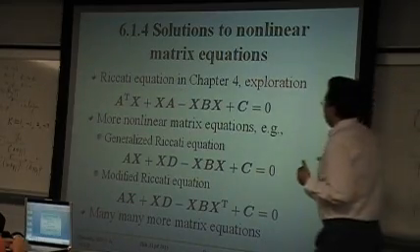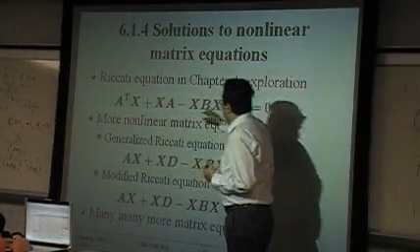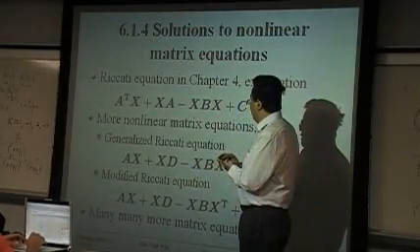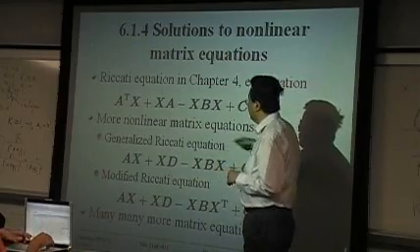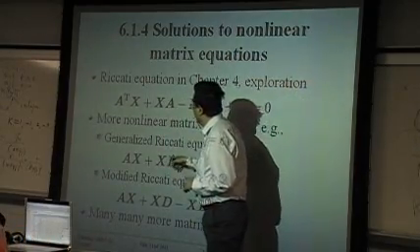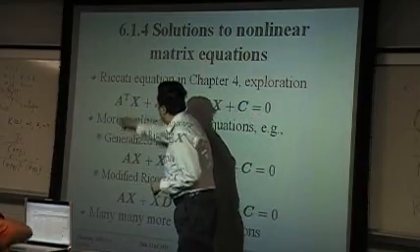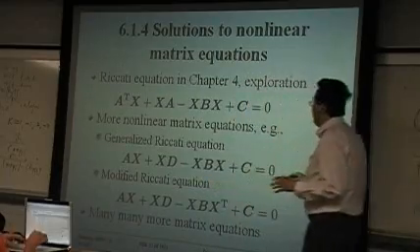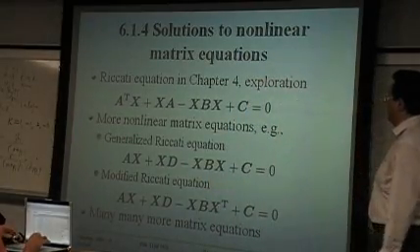And also, if we generalize the original equation to something like this, I don't think there is anything published about this kind of equation. If you change A here to D, or you change A here and then put this A here to D, this is what we call the generalized Riccati equation.